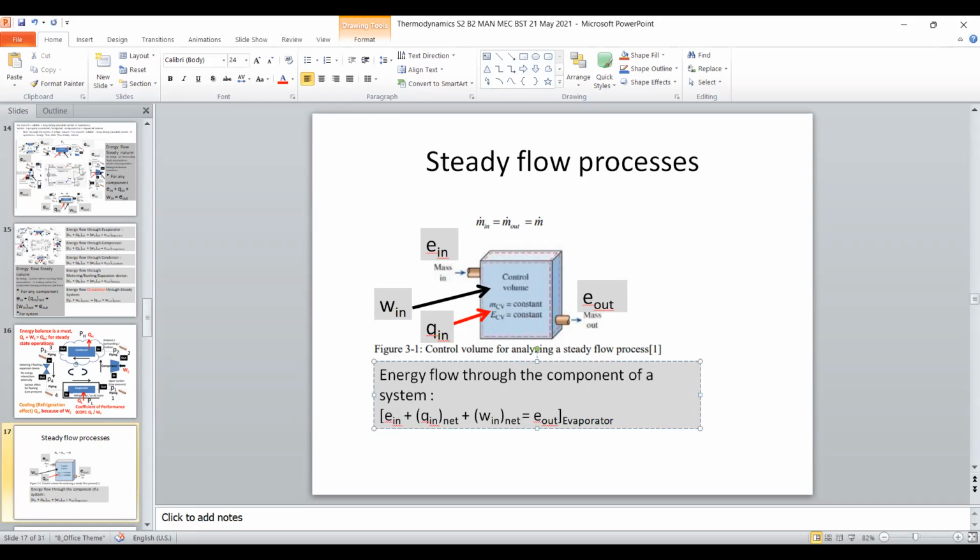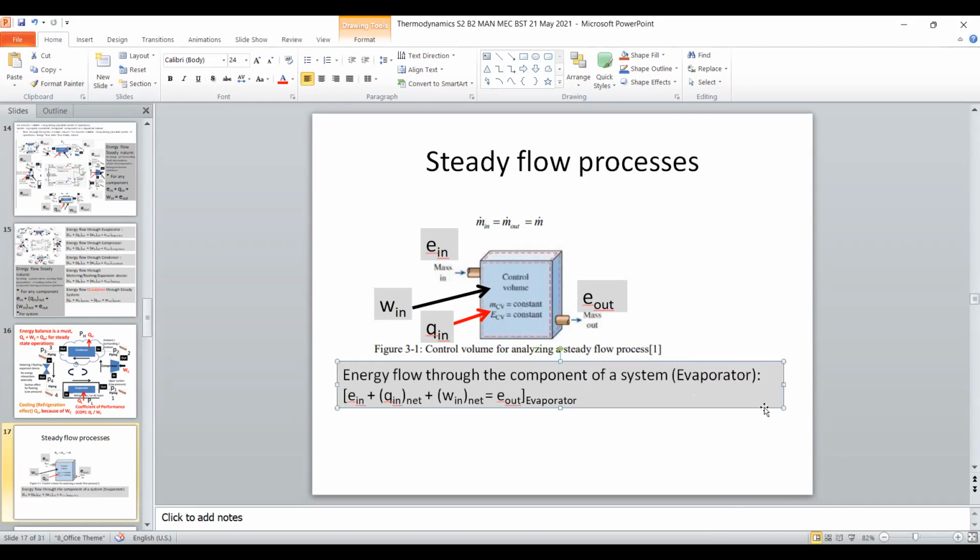Let's say evaporator. Okay. For understanding of the evaporator, you have to look into the previous lecture sessions.